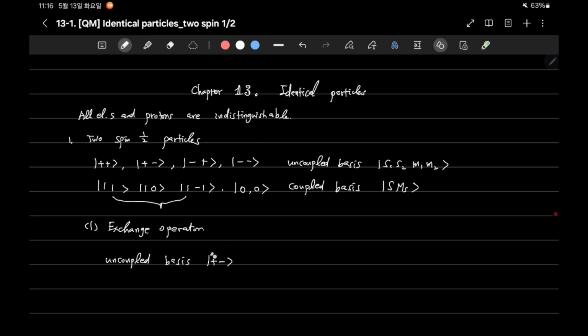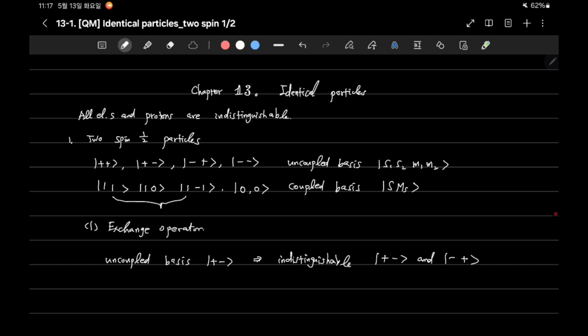The first electron may be up and the second down, or the second up and the first down, and we do not know. Which particle has spin up and which has spin down, we do not know this specific situation. So it means that here they are indistinguishable from the down-up case.